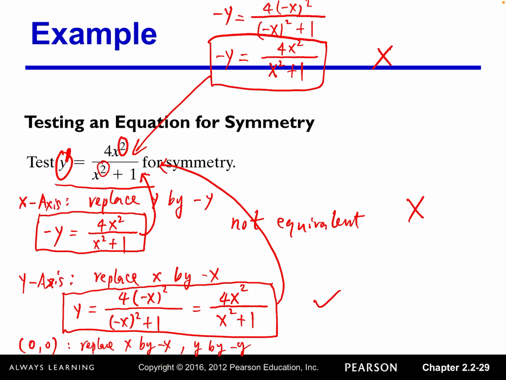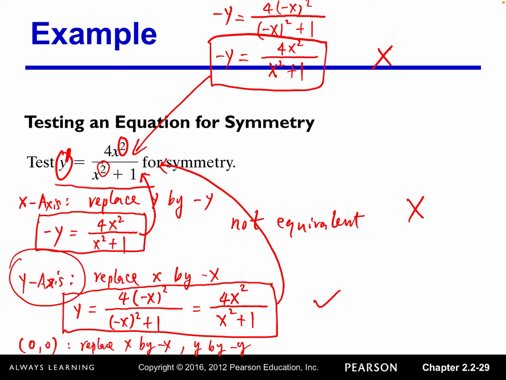Therefore, from the exponents itself, we know it must be symmetric with respect to the y-axis. It's not symmetric with respect to the x-axis because variable y has odd exponents. So when we replace y by its negative, the negative sign won't disappear.